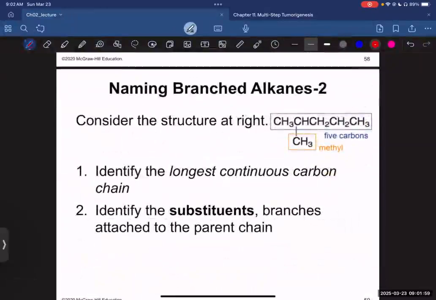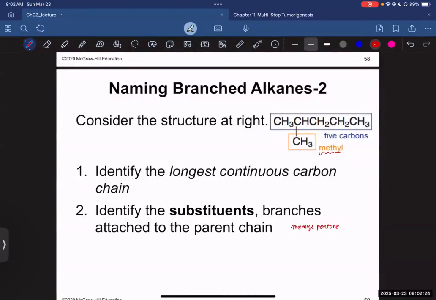In this case, because it's only a CH3 group, which we call a methyl group, the methyl is added to the parent name of pentane. But there's one thing we need to do, which is identify which carbon the substituent is bonded to.